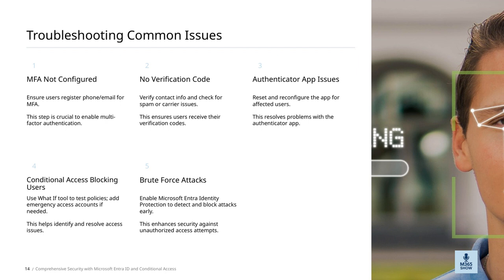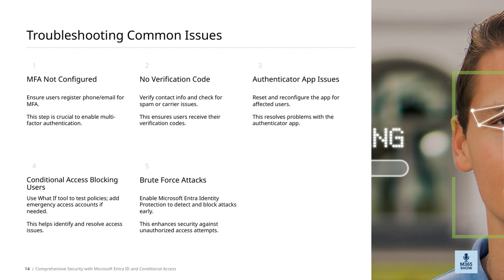Now, for issues with the Authenticator app, the first step is to verify the user's contact information and ensure there's no spam or carrier issues that might interfere with receiving verification codes. Confirming this helps us make sure users get their codes without delay. In cases where users report no verification code, it's crucial to verify that they have registered their phone or email for MFA.